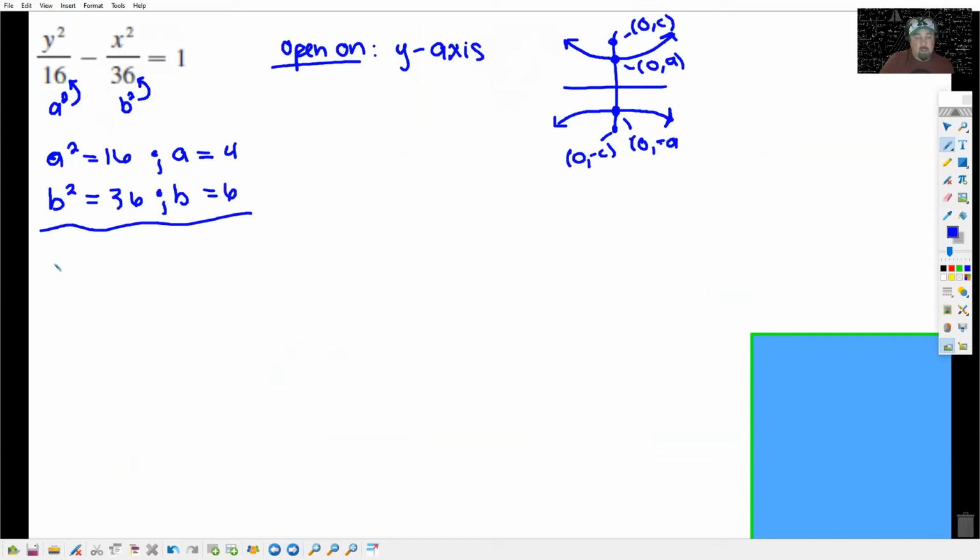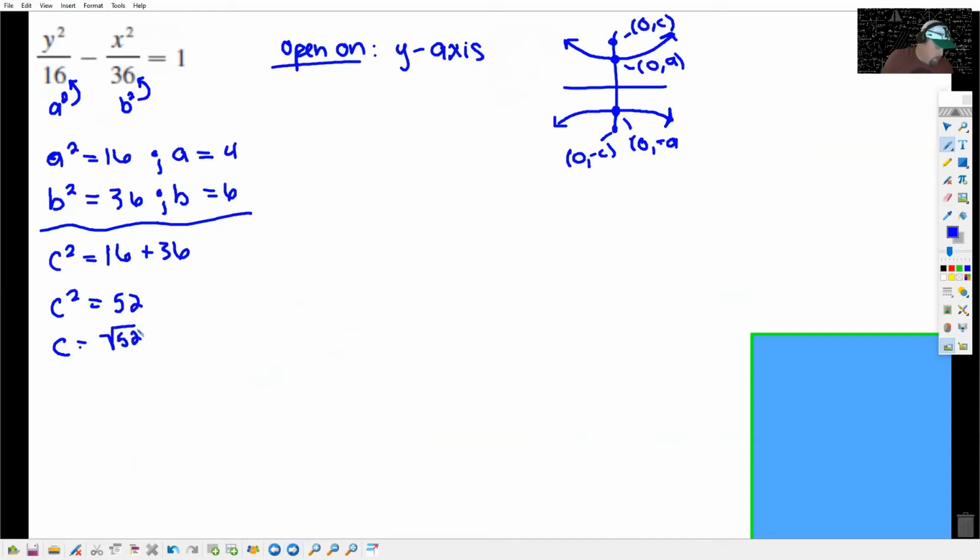Now to find our c, c squared is going to be a squared plus b squared. So we need to find the square root of this. So 16 plus 36 is 52. So c is equal to the square root of 52.